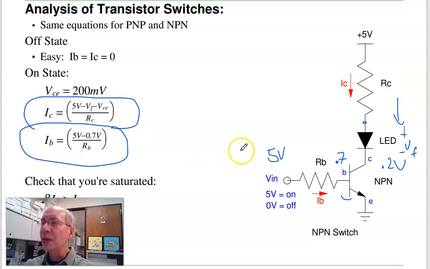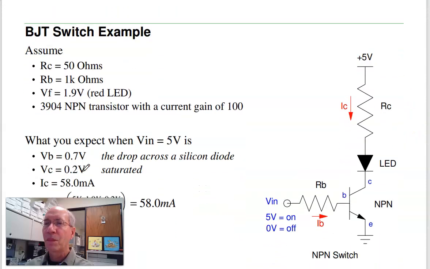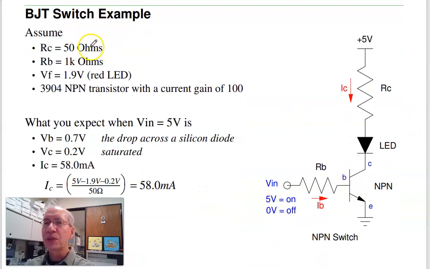And to check to see, am I saturated? I should have beta times IB more than IC. For example, suppose I had, this is 50 ohms, this is 1K, this is a red LED. Find the currents and check to see if you're saturated.